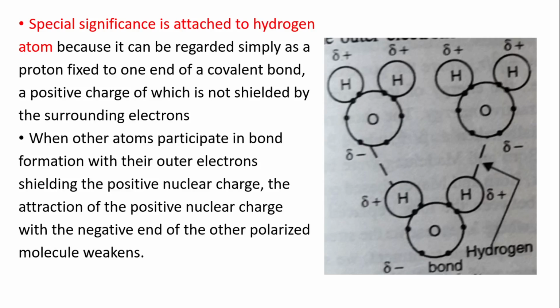That means towards the hydrogen side, it is simply a proton fixed to one end of the bond, or a bare proton. Bare means without shielding of the electron. There is no negative charge. It is a pure positive charge towards the hydrogen side. So this is the special significance attached with the hydrogen atom.